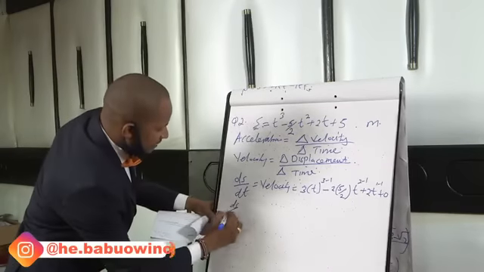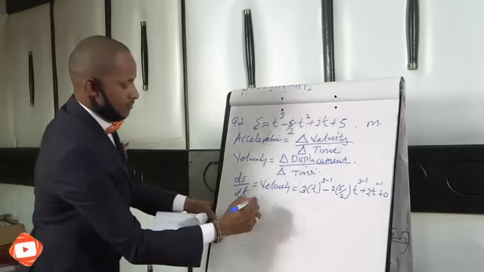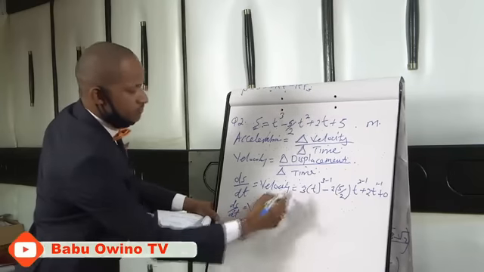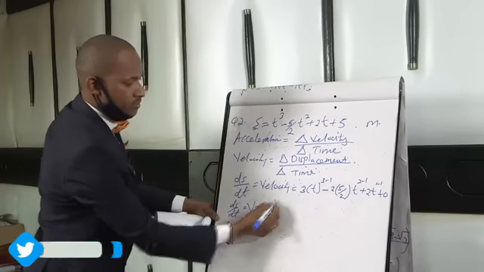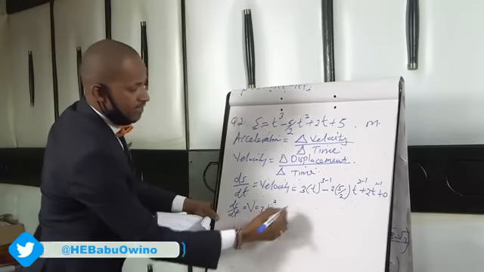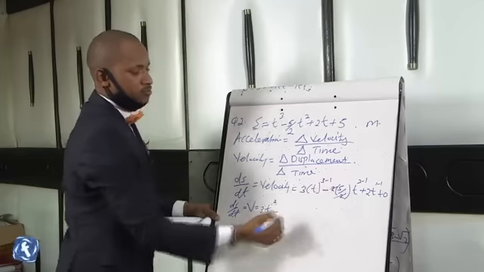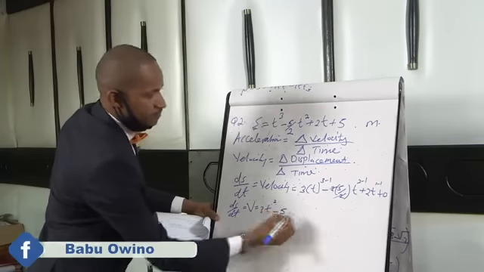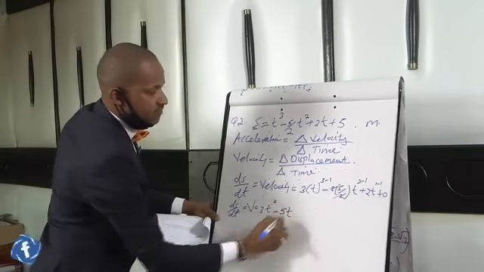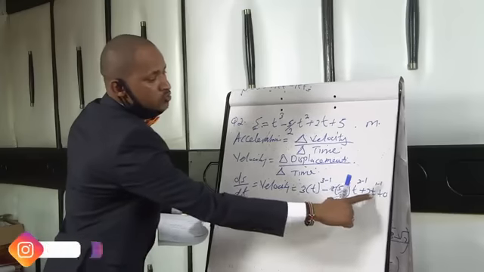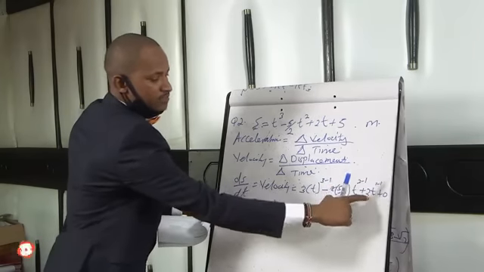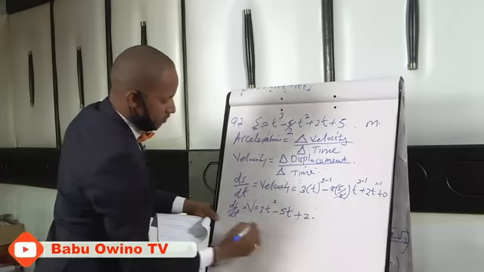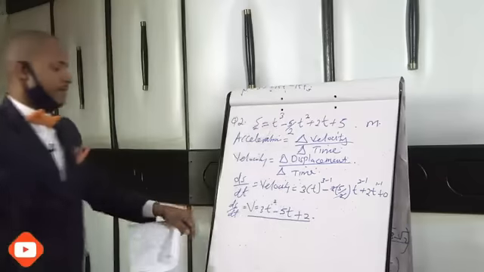Therefore, we have ds/dt, which is our velocity, equals 3t squared, since 3 minus 1 is 2. The 2 cancels with the 2, you get 5t to the power 1, which is 5t, plus 2t to the power 0. t to the power 0 is 1, therefore 1 times 2 is 2. So this is our velocity.